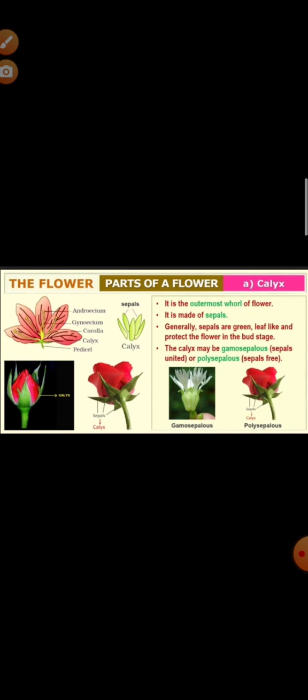The sepals usually are green, leaf-like, and they protect the other floral organs in the bud condition. And you can see in the diagram the green portion of the flower. It is shown, that is the calyx.